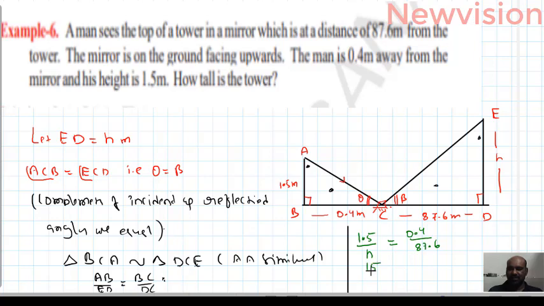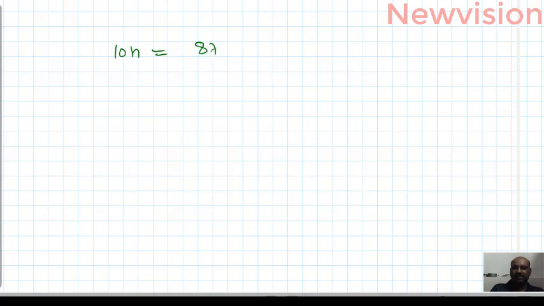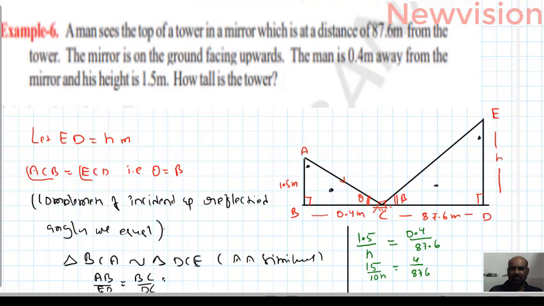So this is 15 by 10h equals 4 by 876, since the 0.4 over 100 cancels. Now 10h equals 876 into 15 by 4.